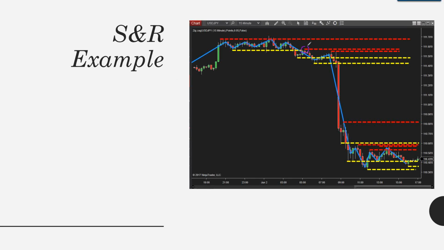You can see they went back to test it right here. Then they break through the next yellow line. What happens? They go back to test it and a new lower high is formed. They break through the next one and it comes down, forms a reversal bar, goes back, forms another reversal bar to the downside, and of course it breaks through the line of support.